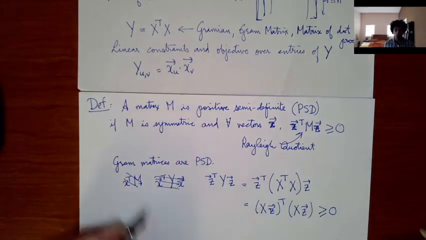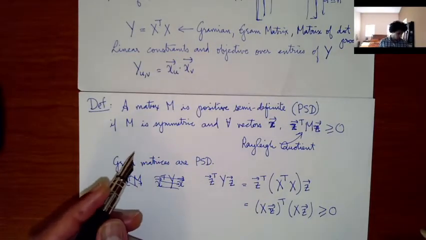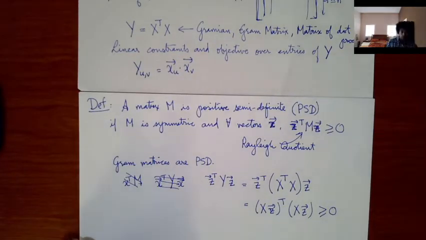So Gram matrices are positive semi-definite.